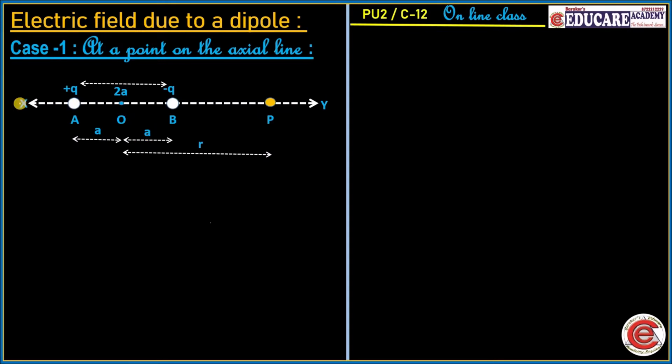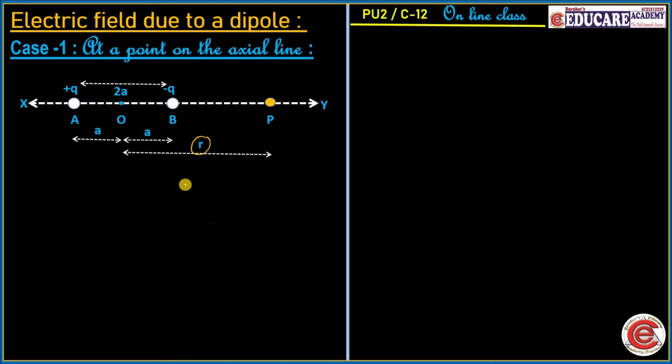Okay, now consider the axial line XY which passes through both charges, and on the axial line itself we have taken a point P where we need to calculate the electric field, and this point P is present at a distance of R from the dipole center.